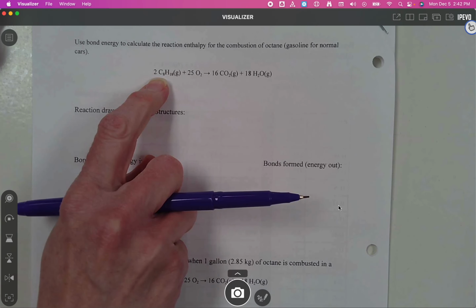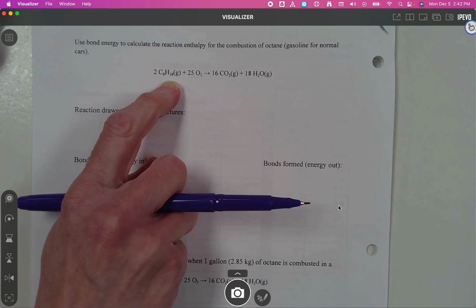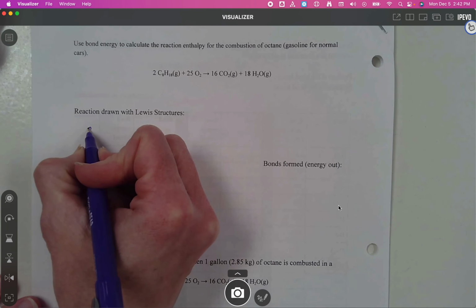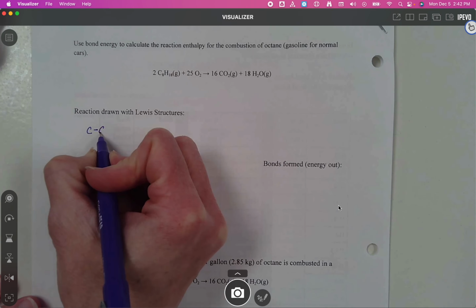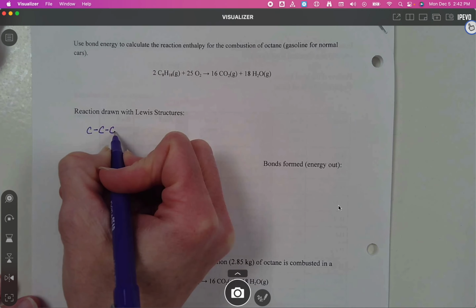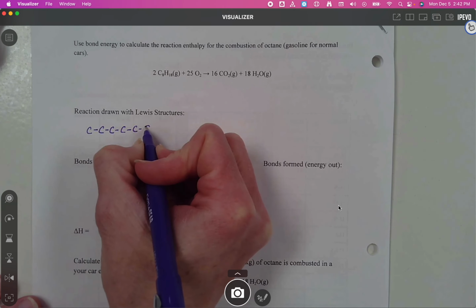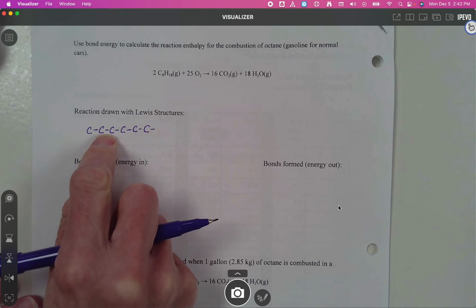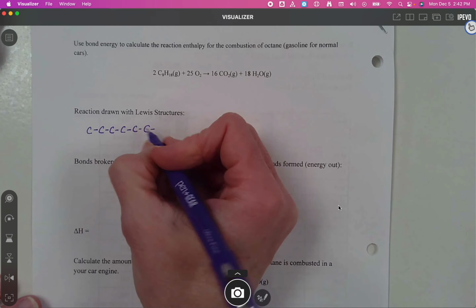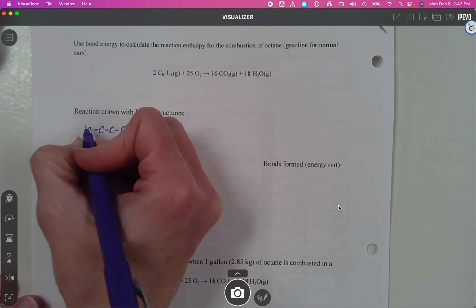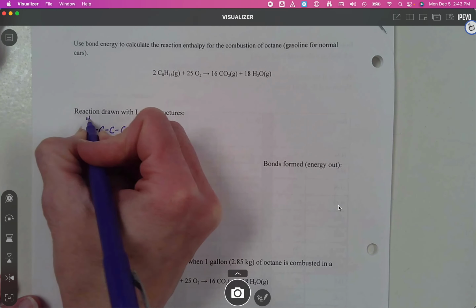So here we have a C8H18. That's an octane. We've now spent a little bit of time playing with these carbon compounds. 1, 2, 3, 4, 5, 6, 7, 8 carbons, and then 18 hydrogens.